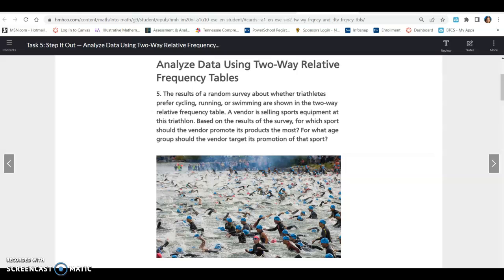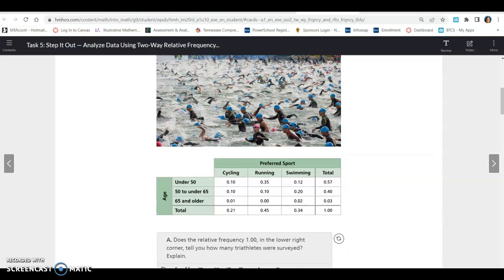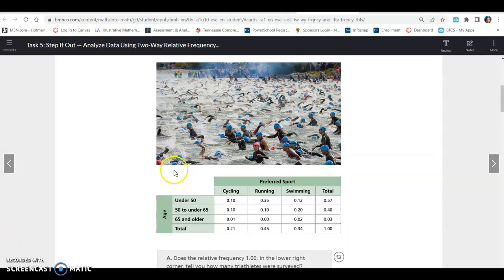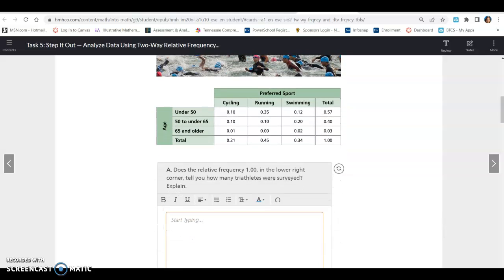Based on the results of the survey, for which sport should the vendor promote its products the most? For what age group should the vendor target its promotion of that sport? All right, so you can see all of the swimmers in here. Looks like they're probably kicking and scratching each other, trying to get out of the water. But anyways, here's the table.